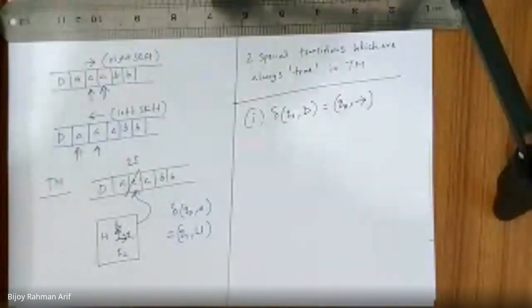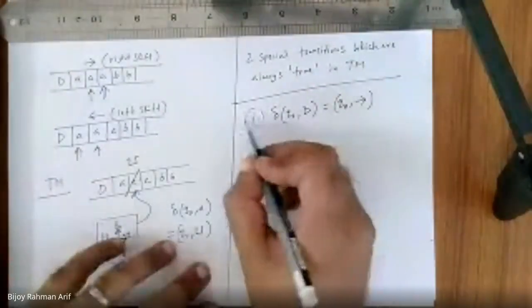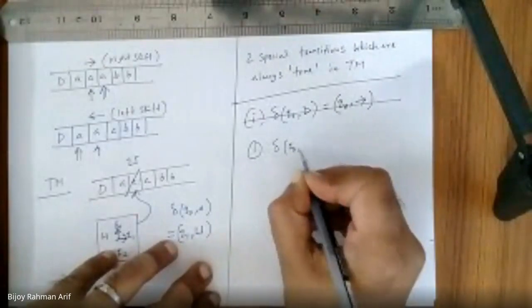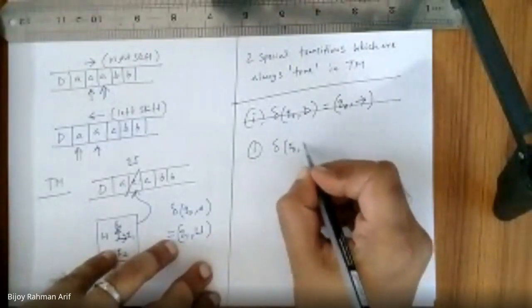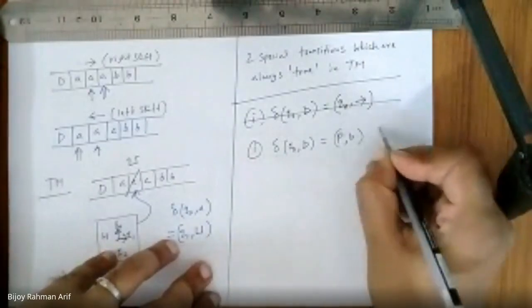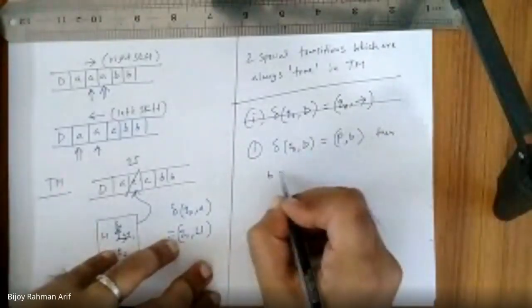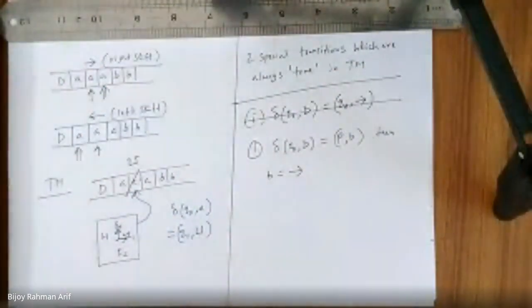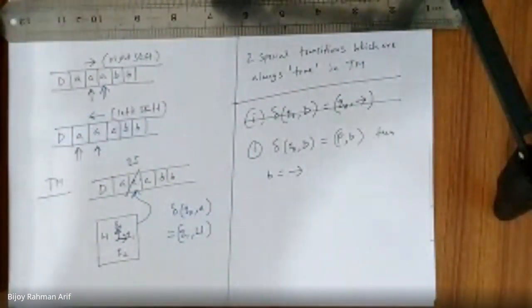Or this can be written in a better way like this: delta of Q naught, comma, triangle, comma. So what is the meaning of this? Guys, please tell me, what is the meaning of this?